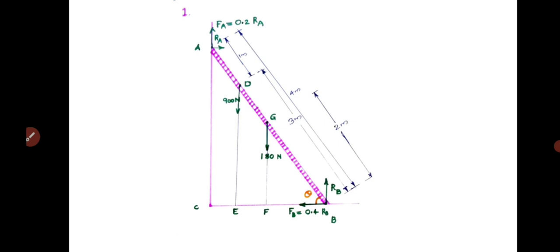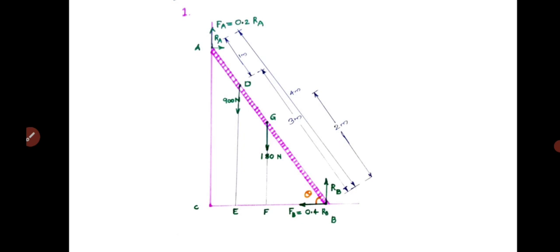Now the question is, you have to find the angle theta between the ladder and the horizontal, that is the floor. In order to find that, we imagine that the ladder is in equilibrium, so it will obey the conditions of equilibrium. So the algebraic sum of the forces along the horizontal will be 0. Therefore you will get the equation RA equals FB, that is RA equals 0.4 into RB.